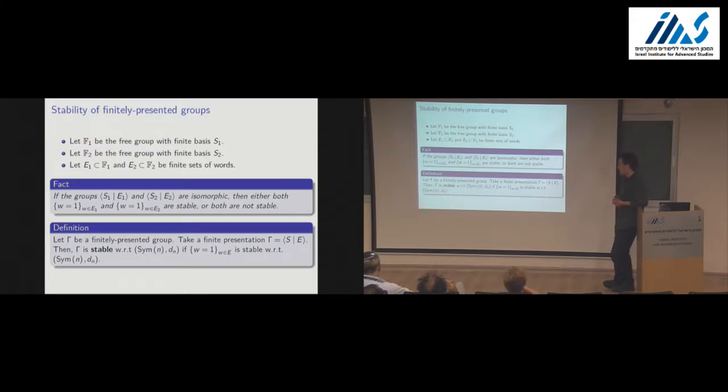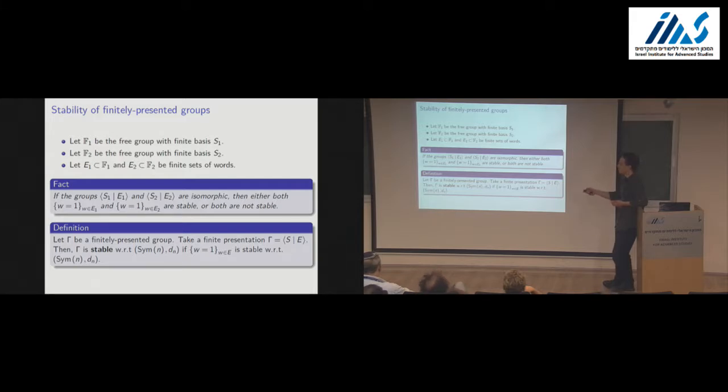Using this fact, I can also define what it means for a finitely presented group to be stable. Just take a finitely presented group gamma, take one finite presentation of gamma, and then say that gamma is stable if the system of equations you get from the relations is a stable system.